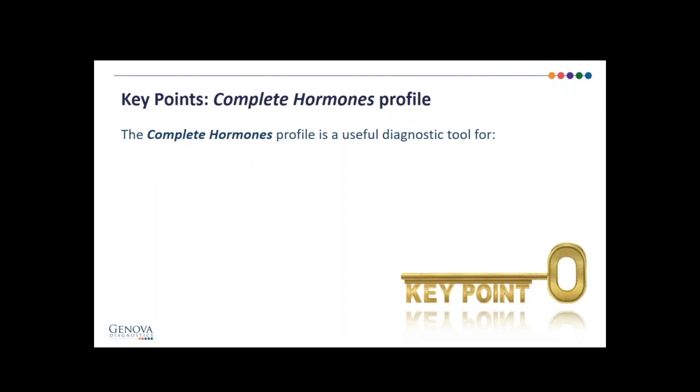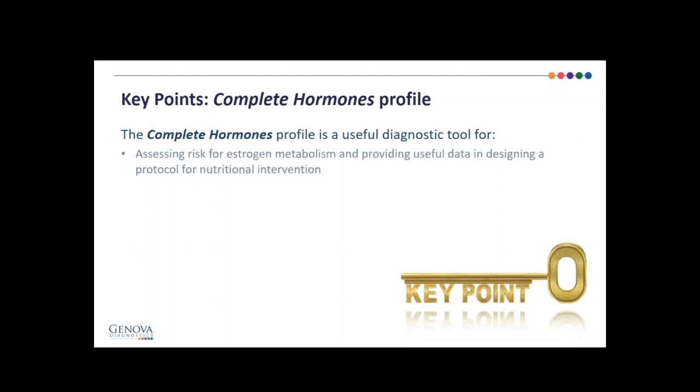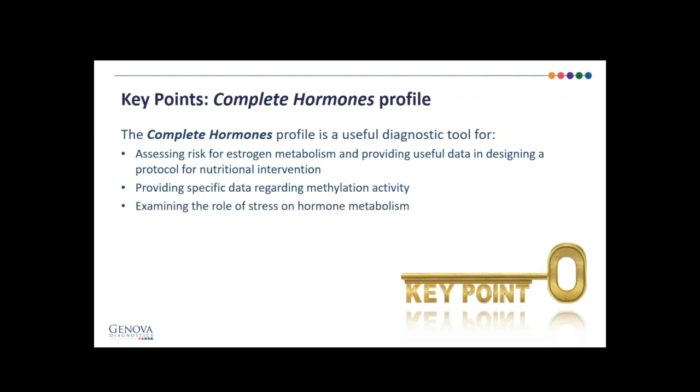So here are our key points. The complete hormones profile is a useful diagnostic tool for assessing risk for estrogen metabolism and providing useful data in designing a protocol for nutritional intervention. There are specific things you can do to try to upregulate these pathways in the direction that is safer. It provides specific data regarding methylation activity. It helps to examine the role of stress on hormone metabolism.